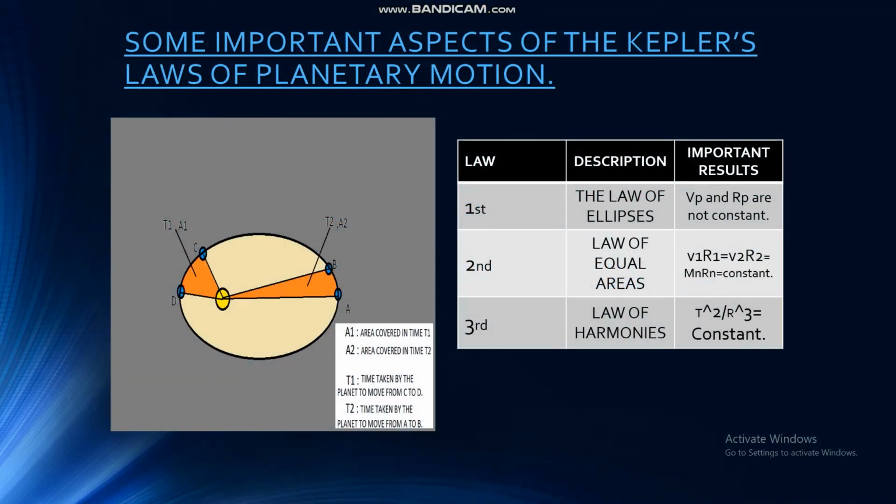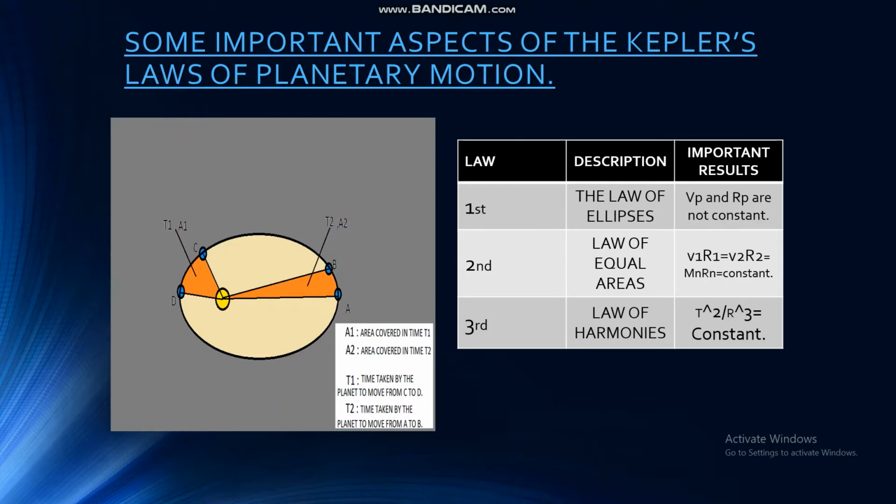Let's see some important aspects of Kepler's laws of planetary motion. You can see the pictographic representation of the sun and planet system. The first law describes the law of ellipses, in which Vp and Rp are not constant. Here Vp and Rp are the velocity and the position vector of the planet respectively.